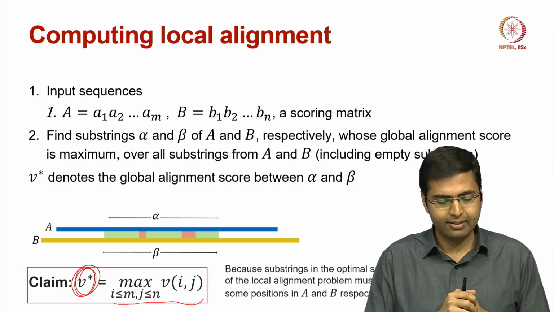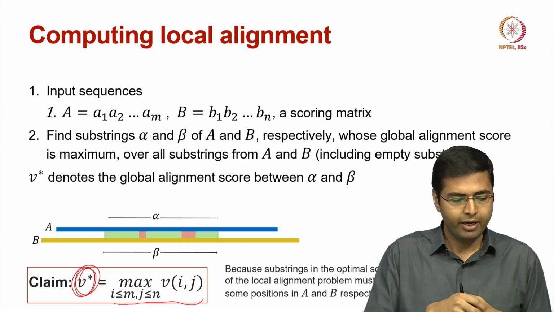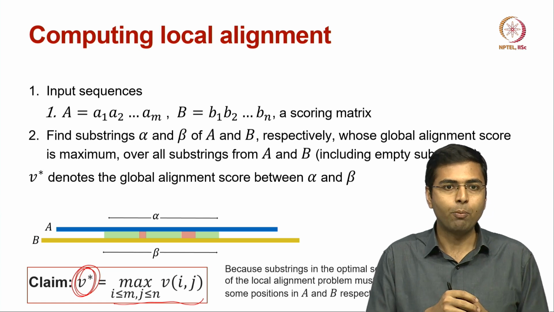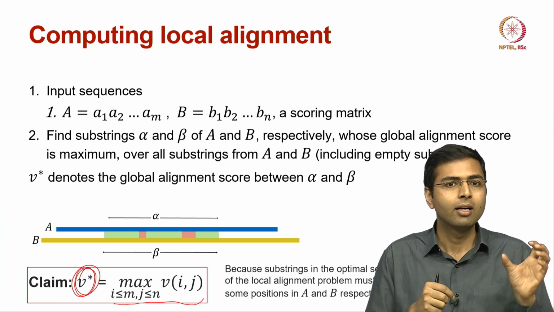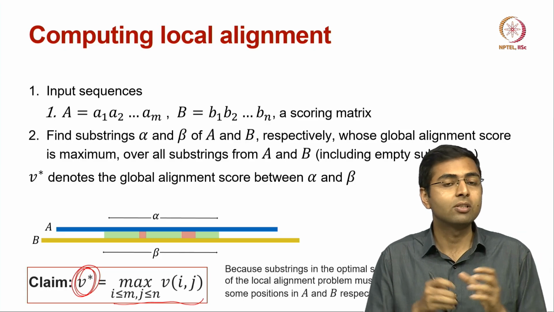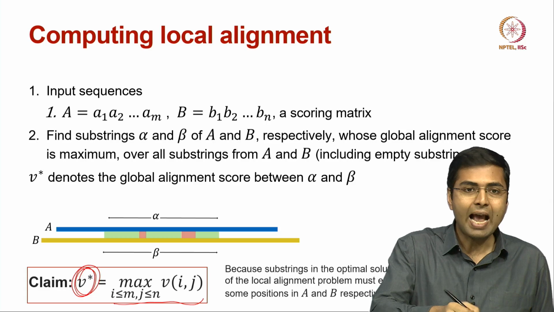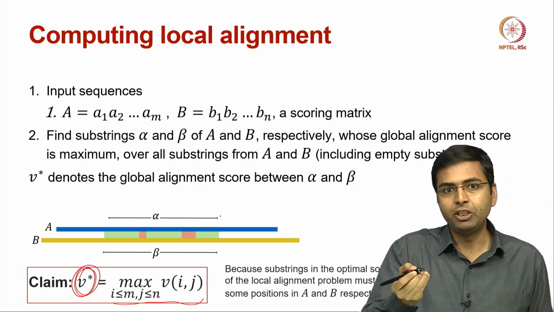Why is that the case? Well, the observation is simple. If you look at the local alignment property, we are looking for substrings alpha and beta of A and B whose alignment score is maximum. Now, these alpha and beta will end at some positions.